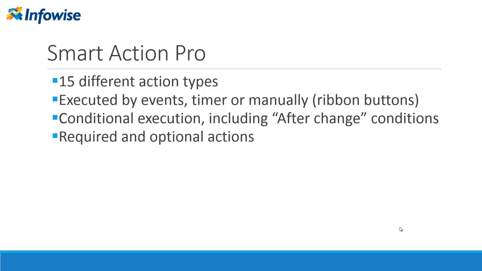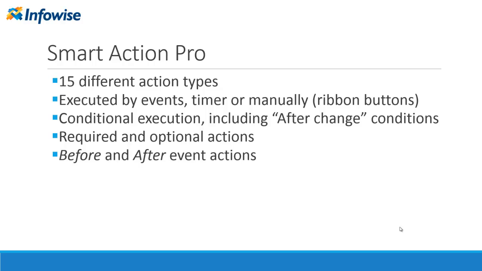You can also have actions running always, or have optional actions, so your users can control whether or not to run a specific action. You also have the capability of having before and after event actions.